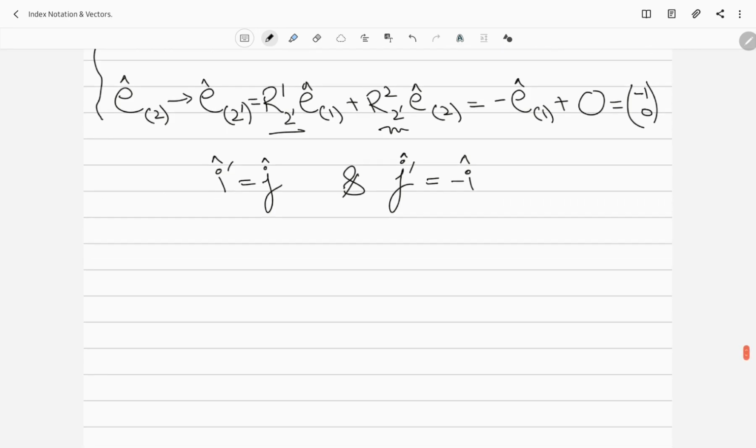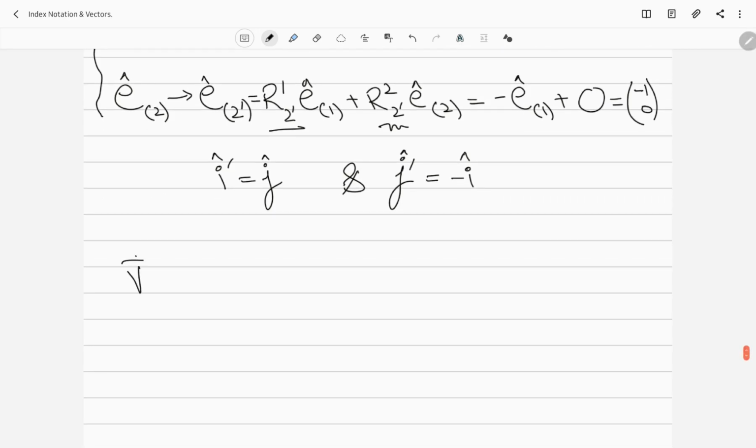Now finally with this we have your vector V is equal to V I hat plus V J hat, right? This is not in the subscript, by the way. With this transformation, the components and the basis vectors have transformed in this way, right? So you'd have 0 iota hat prime minus V J hat, right?